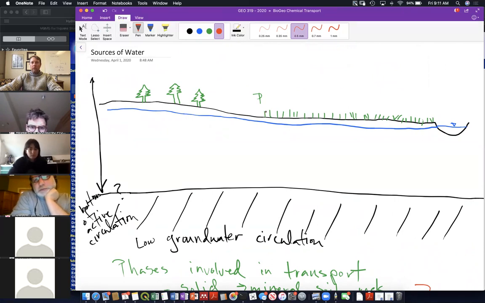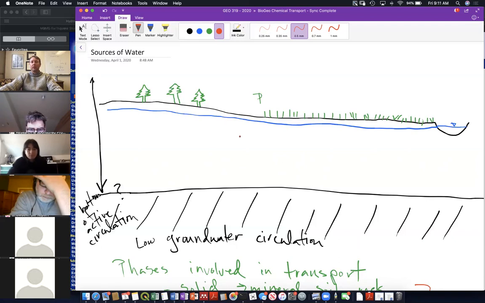Okay, so we have some terms for that. What is the mechanism by which we could take soil and sediment and move it with water? Floods? Okay, floods, I agree, but what are the floods doing?